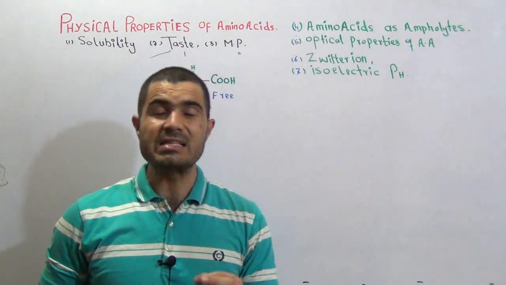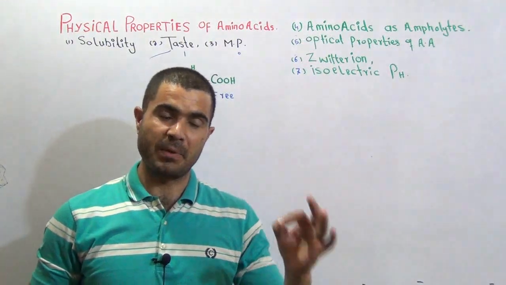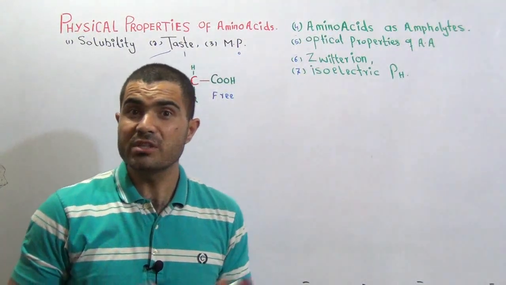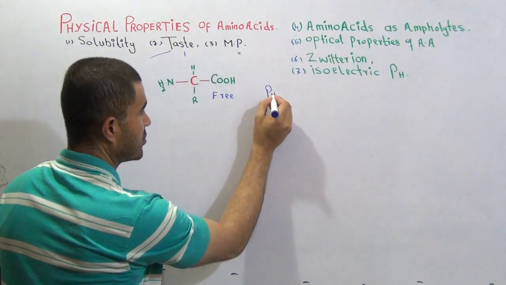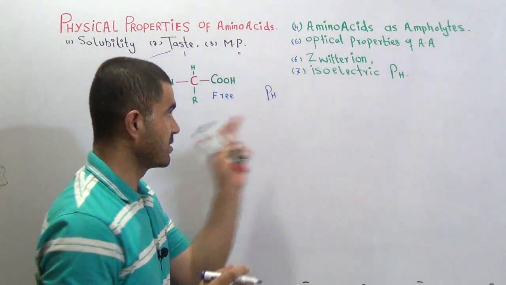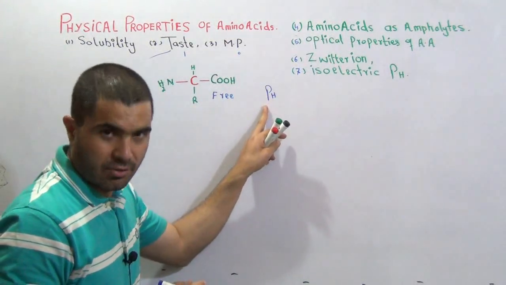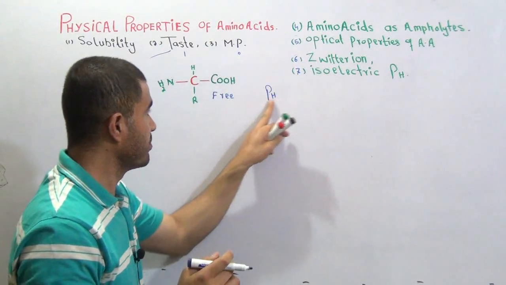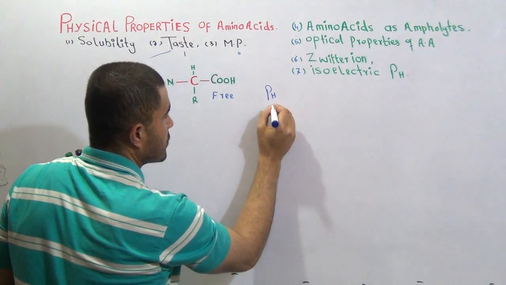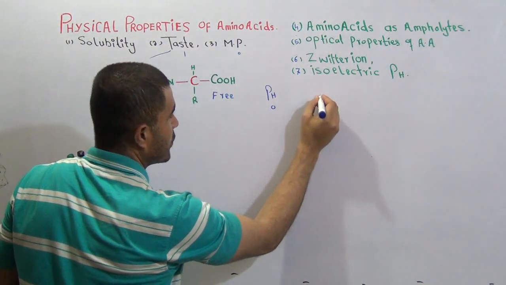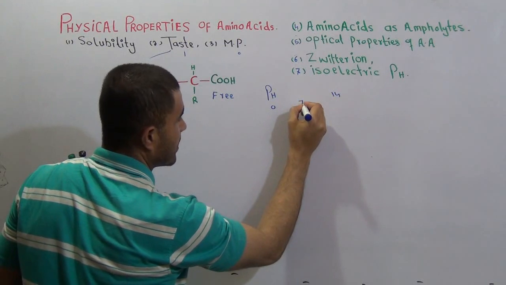Now, what is the factor that determines whether an amino acid has a positive or negative charge? That is the pH. We know very well this term pH. The negative log of hydrogen ion concentration is called pH. pH is from 0 to 14, and there will be 7 in the middle.